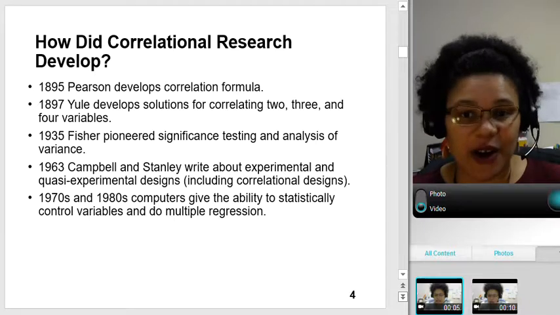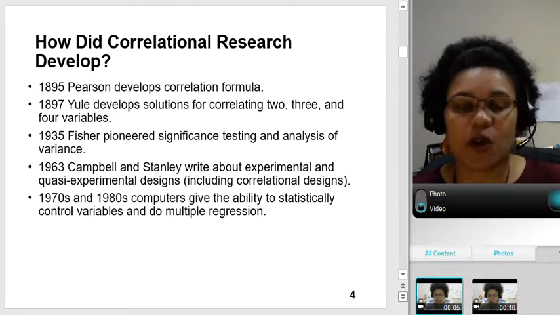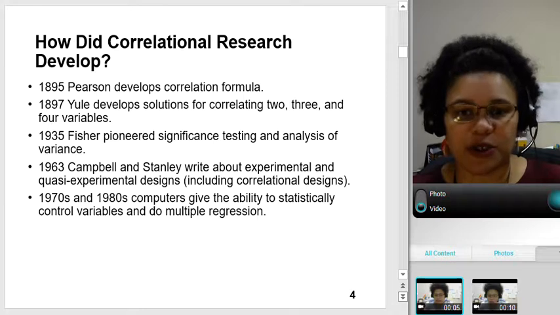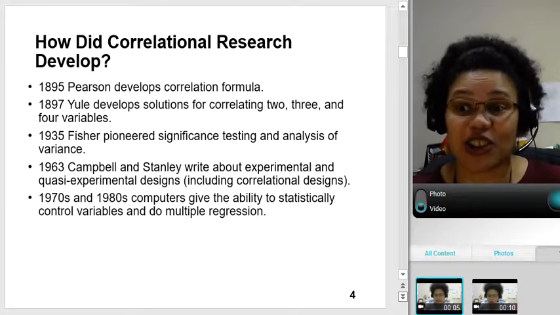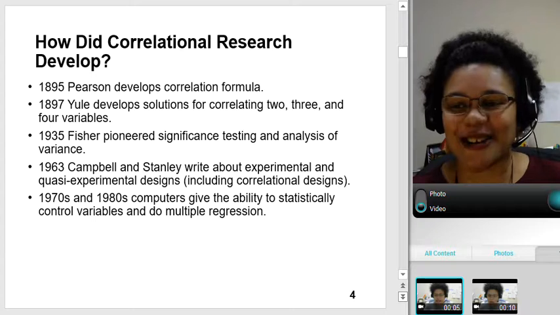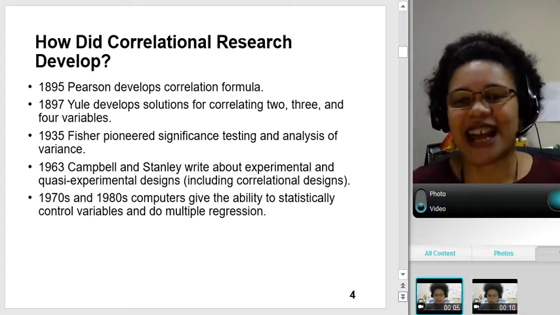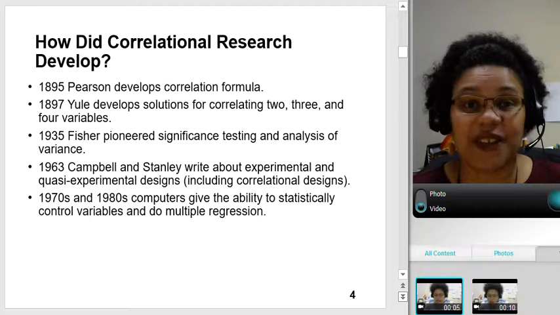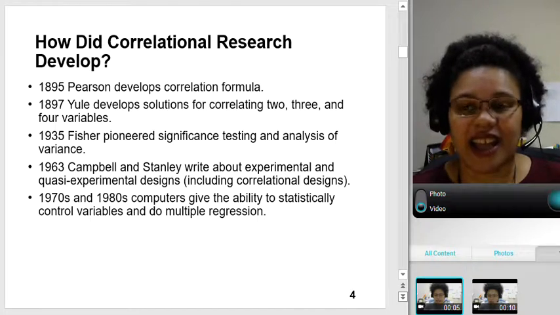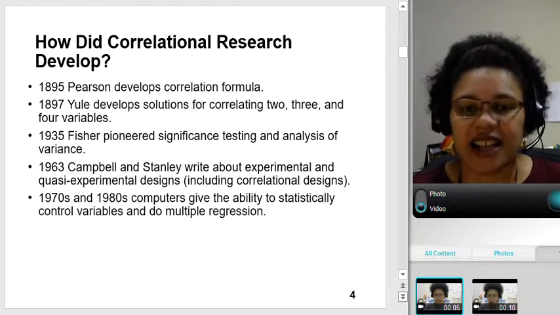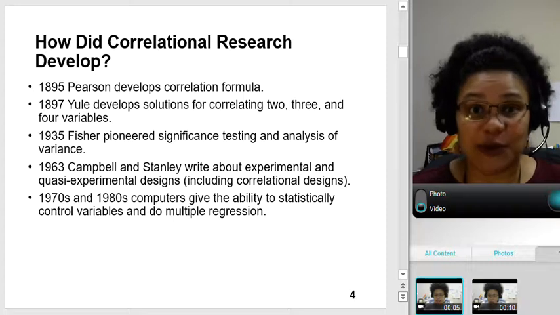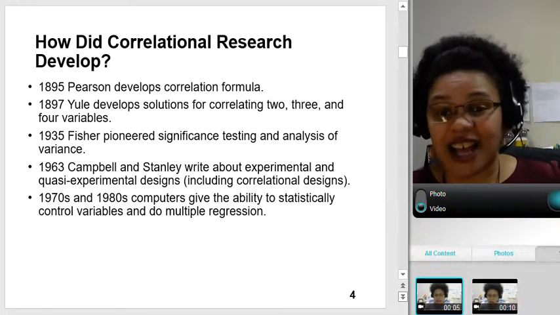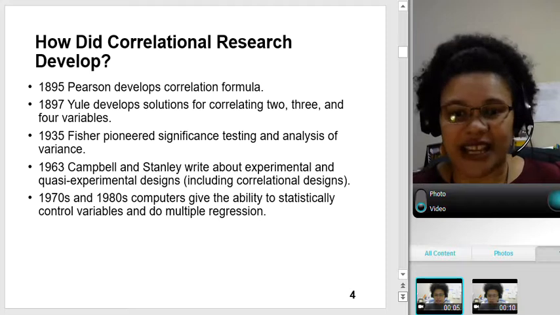Yule built on that work for correlating multiple variables. Fisher, who we'll talk about a lot, pioneered significance testing and the analysis of variance, which is a statistical test. Campbell and Stanley, I mentioned before, wrote a really influential textbook.